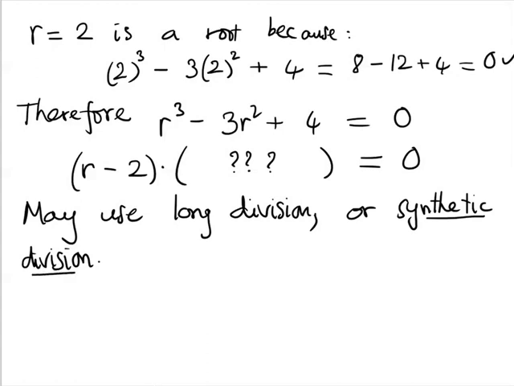So first of all, let's rewrite the polynomial here by filling in all the missing powers of r. So we should write r cubed minus 3r squared, and then r is missing, so I will use 0r, plus 4. Now for synthetic division, we'll set up as follows.